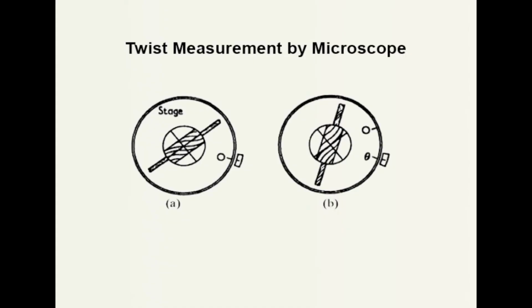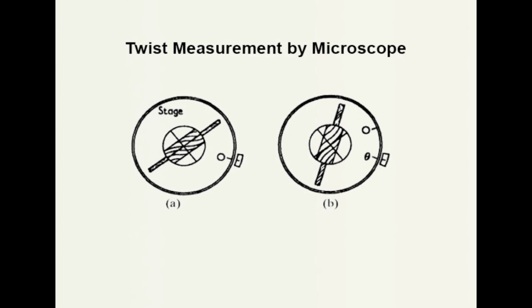Here the microscope is equipped with a graduated rotary sample stage, where the angle of the twist in the yarn and the diameter of the yarn can be measured at the same time. First the circular rotary stage is set to have a 0 mark coinciding with the index mark on the microscope, and then it is fixed in that position.